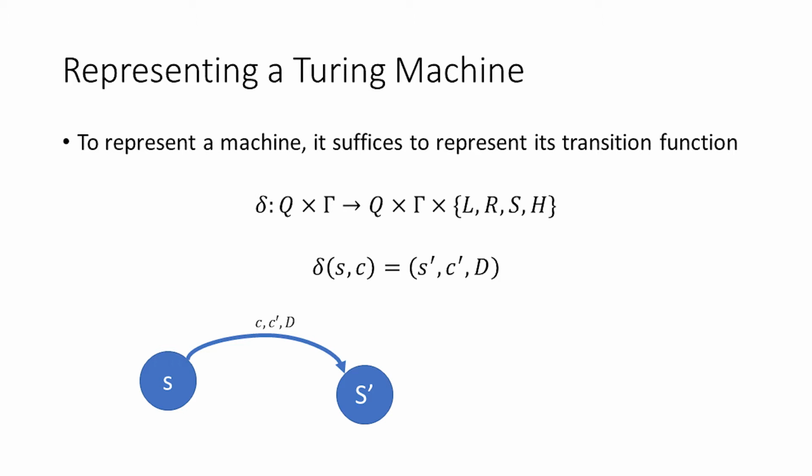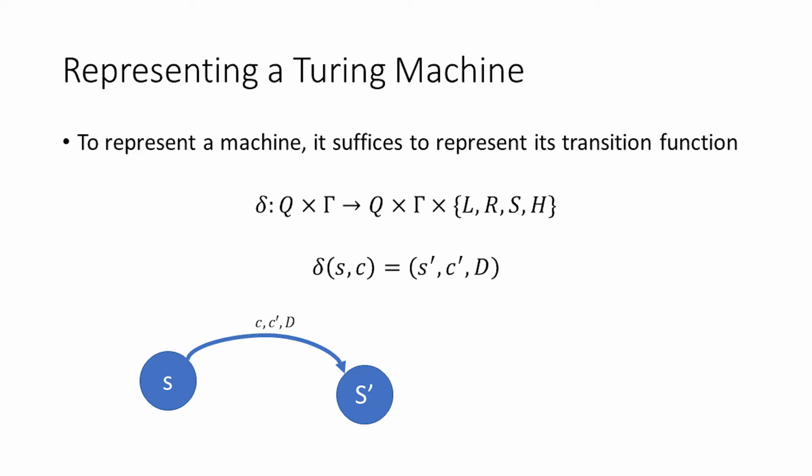And then the output was going to be the next state in the Turing machine, what was going to be written to the current location in the tape, and also how to move the tape, whether that was left or right, or stay in the same place, or actually halt the machine. So the states, the alphabet, and the directions of the machine are all going to be finite sets. There are only finitely many options, meaning that the transition function of this Turing machine must itself be a finite function.